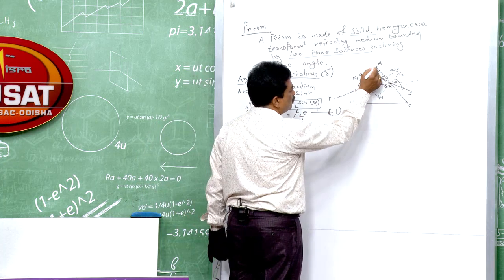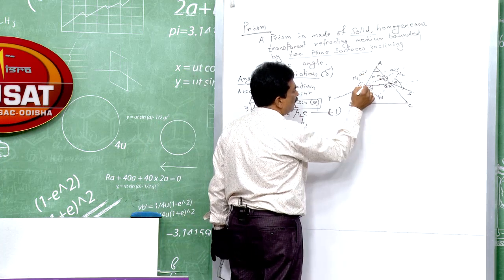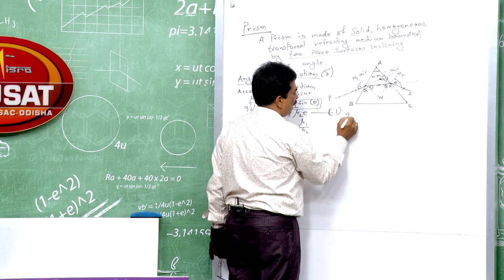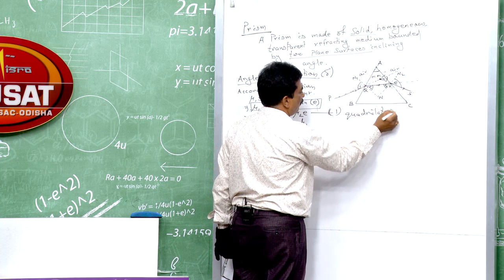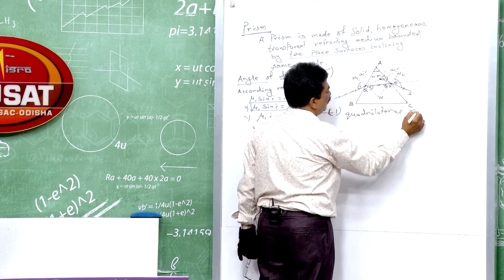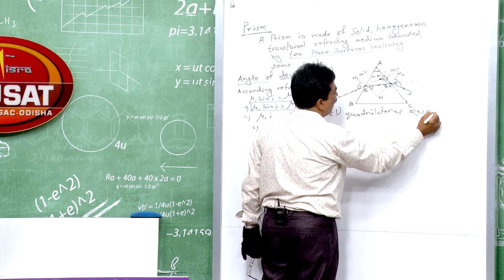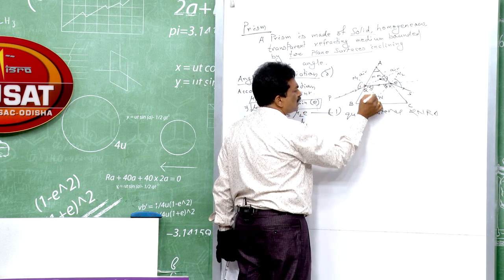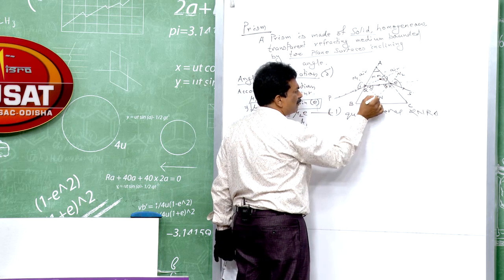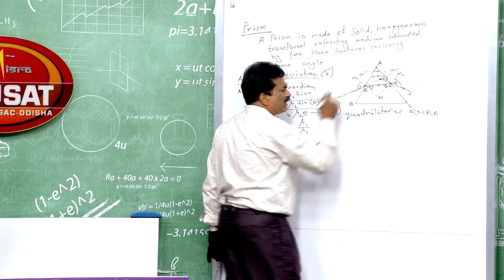Now just observe the quadrilateral AQNR, quadrilateral QNRA. You see, this is the normal, and here it is the normal, so these angles are 90 degrees each.